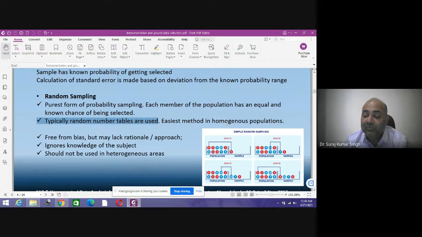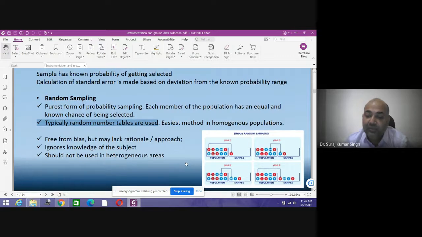It is the easiest method in a homogeneous population, free from bias, but may lack a rational approach, ignores knowledge of the subject, and should not be used in heterogeneous areas. So you can see how, when using simple random sampling, you get your samples according to your area of interest.